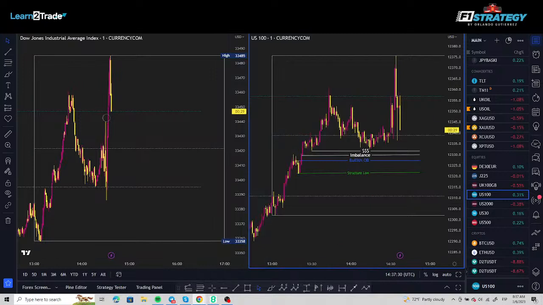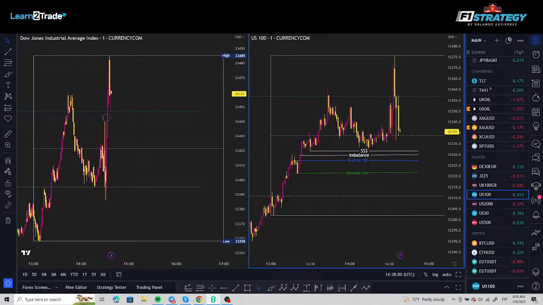I'm going to place it. Come on, baby. Don't do me dirty. Placing it now, just below the liquidity. Trading buy limit. My stop loss would be at the 12.323. Modify.